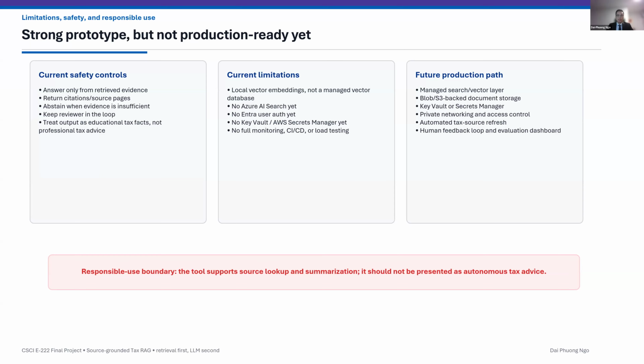It does not yet use Azure AI Search, Entra user authentication, Key Vault, full observability, CI/CD, or load testing. For a tax domain, the responsible boundary is also clear. This is source lookup and summarization, not autonomous tax advice. A reviewer should validate the final conclusion.